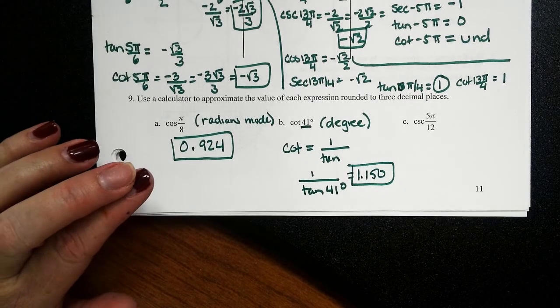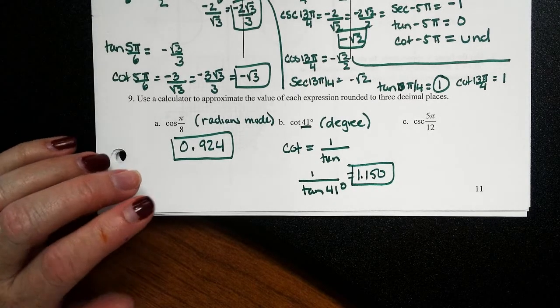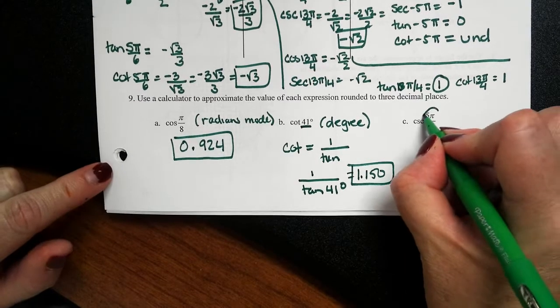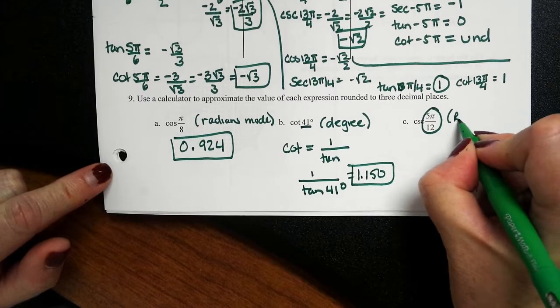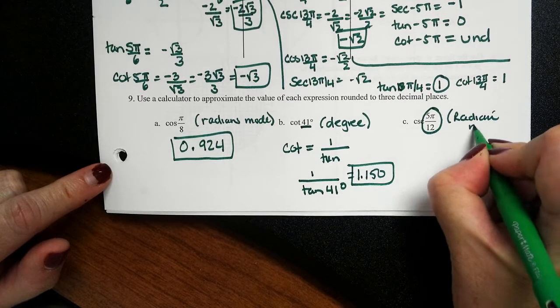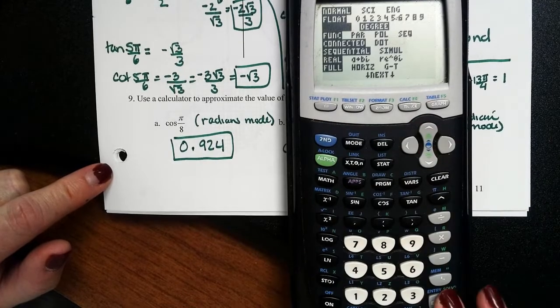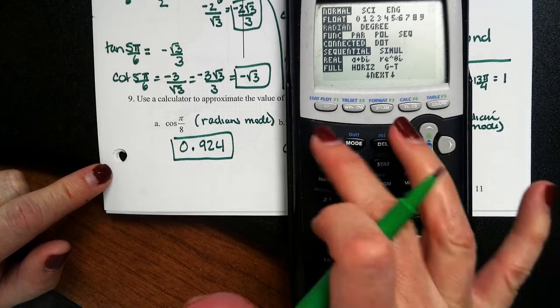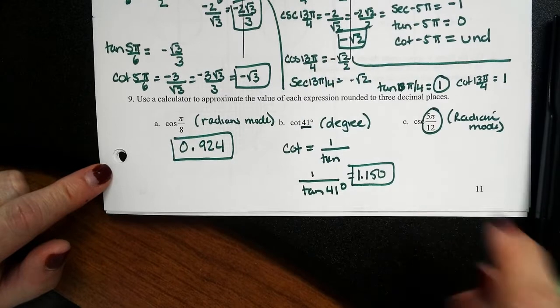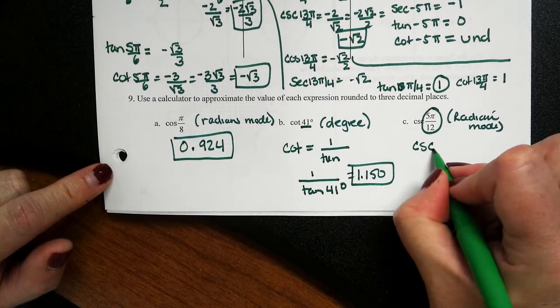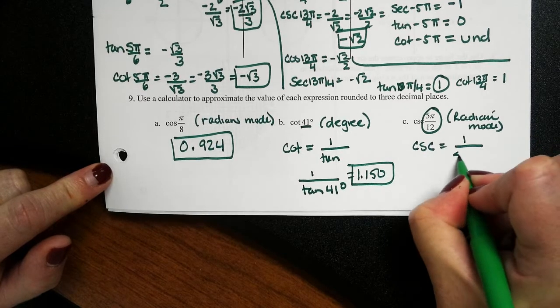Always check what mode, when you're dealing with calculators, always check the mode that your calculator needs to be in. So again, right here, 5 pi over 12. This is radian, so make sure you are in radian mode. Cosecant is the reciprocal of the sine. So the only way on your calculator you can do the cosecant is to rewrite this as 1 over the sine.